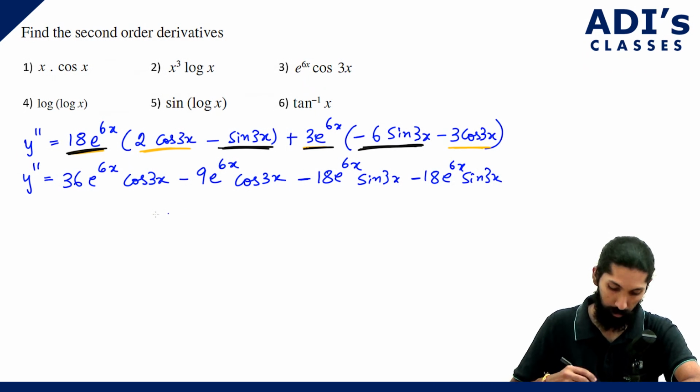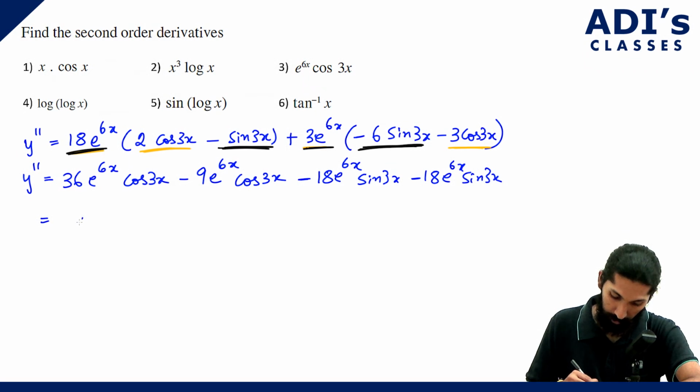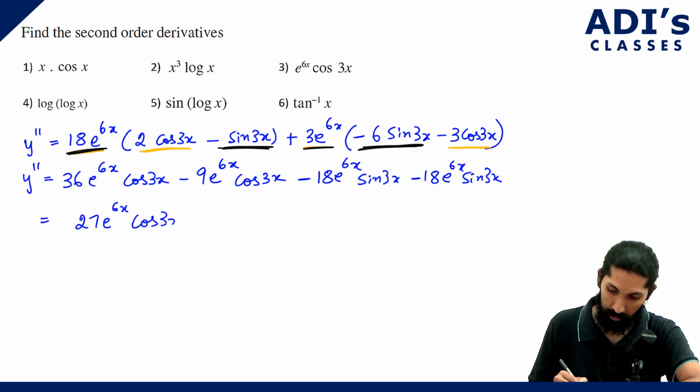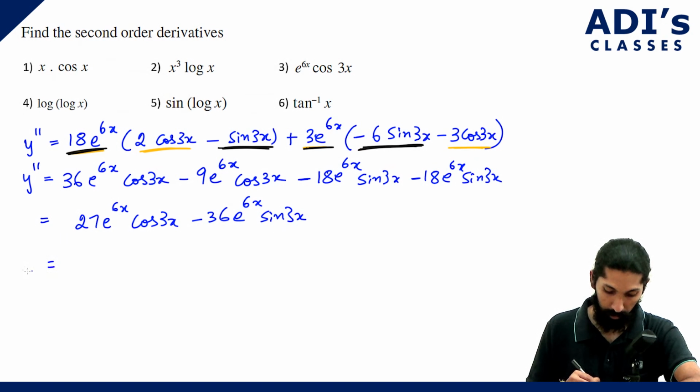Correct? So now 36 minus 9, 27 e power 6x into cos 3x minus 36 e power 6x into sine 3x. You can take common.